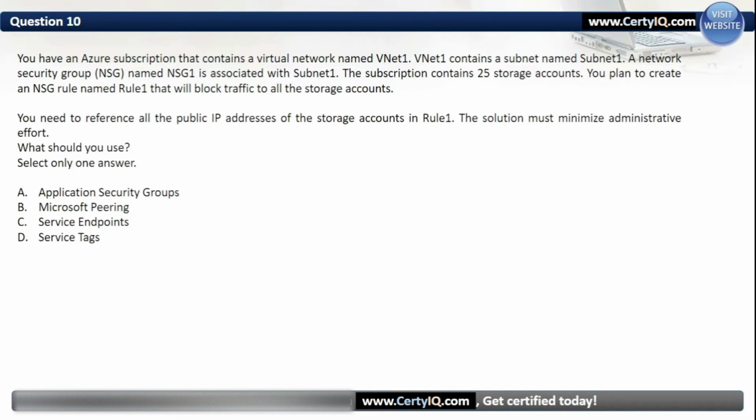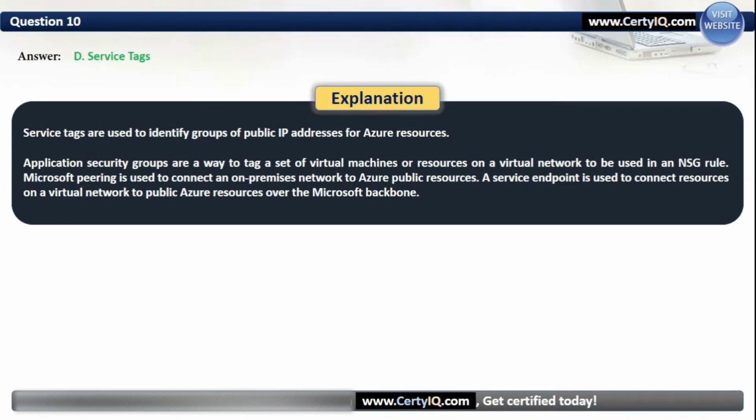Our options are A. Application security groups, B. Microsoft peering, C. Service endpoints, or D. Service tags. The correct option is D. Service tags. Service tags are used to identify groups of public IP addresses for Azure resources.